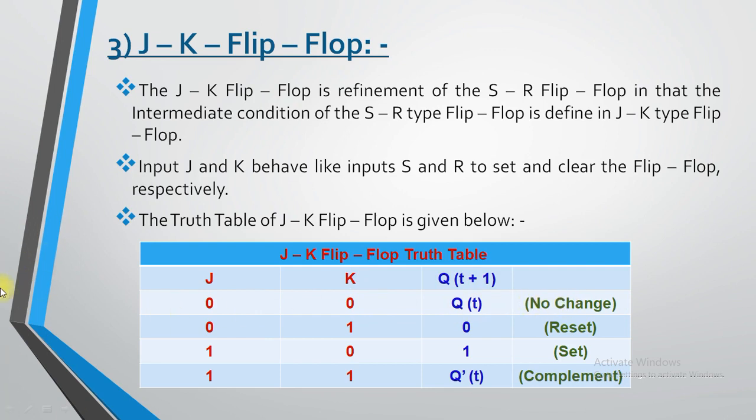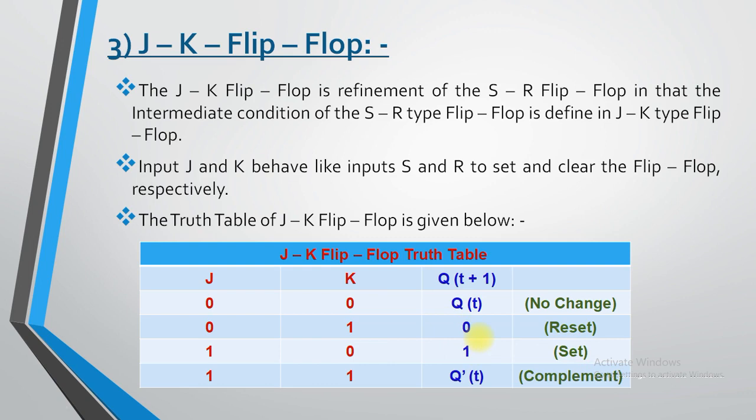Similarly, when J equals 0 and K equals 1, reset occurs and the value is 0. Again, when J equals 1 and K equals 0, set occurs. So the first three conditions remain as they are in the SR flip flop truth table.